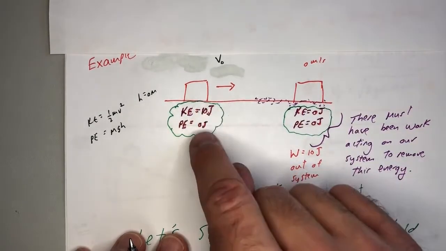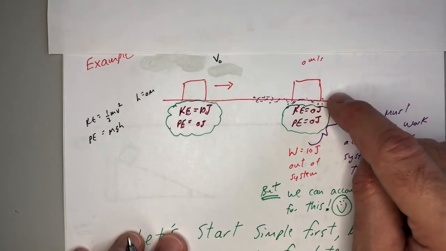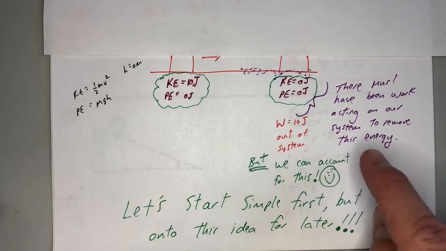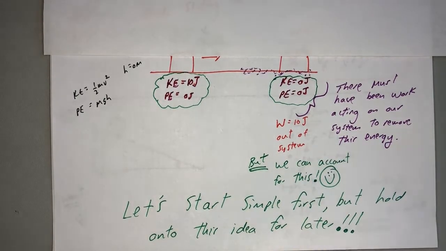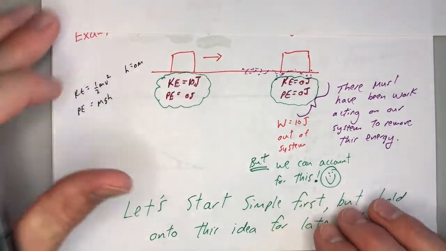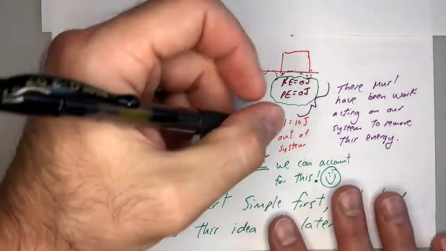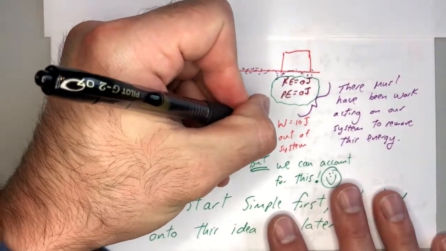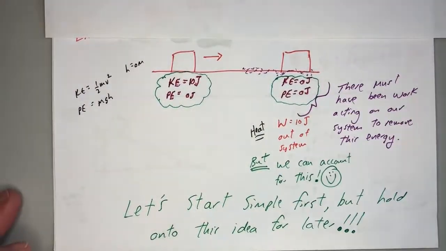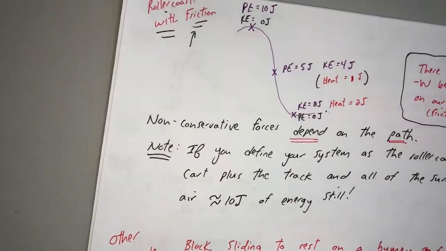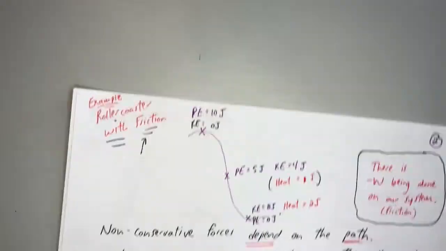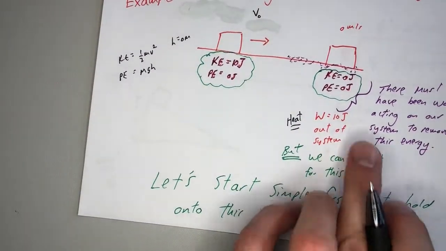It's not 10 plus 0, which was 10, so the energy went somewhere. That just means that 10 joules left our system because of work. And it could be the work done by friction, which caused it to leave in the form of heat, but we can account for that. So I just wanted to highlight that, yeah, we talked about on the roller coaster example how energy could be transformed as heat, but friction did the work to remove it from our system.